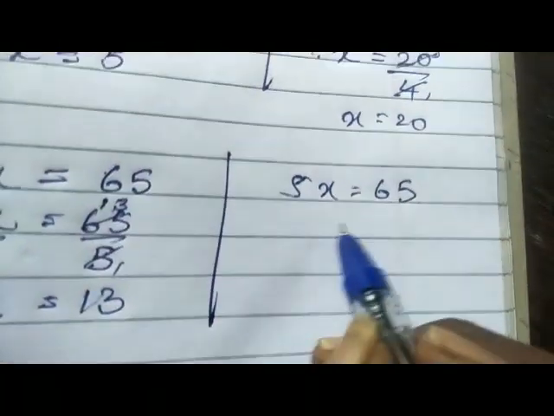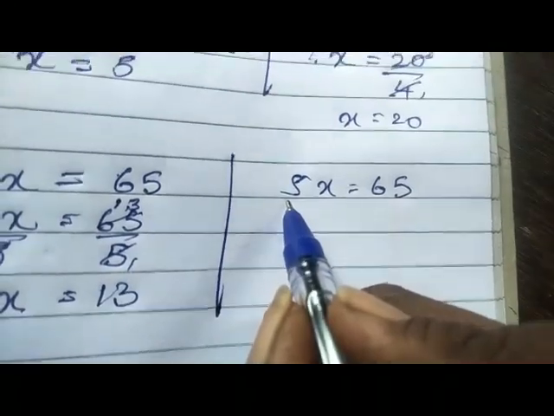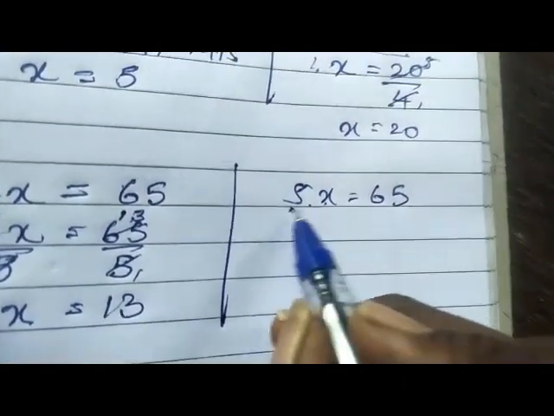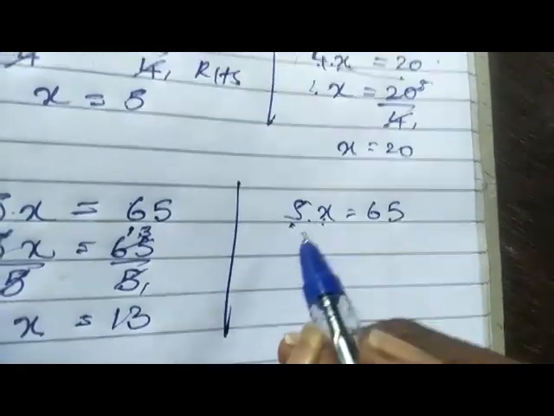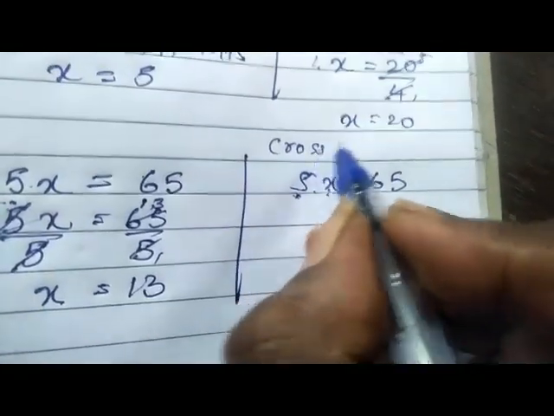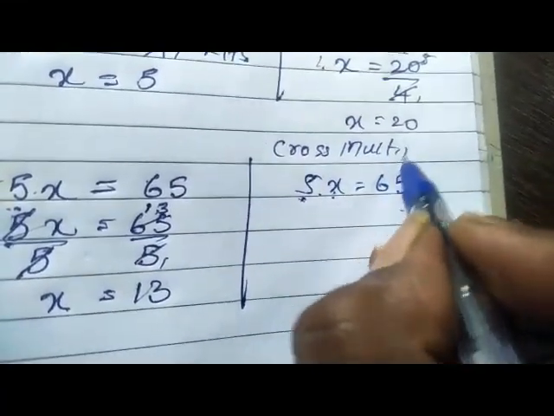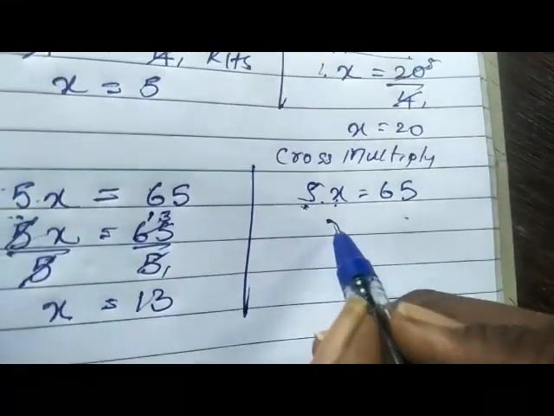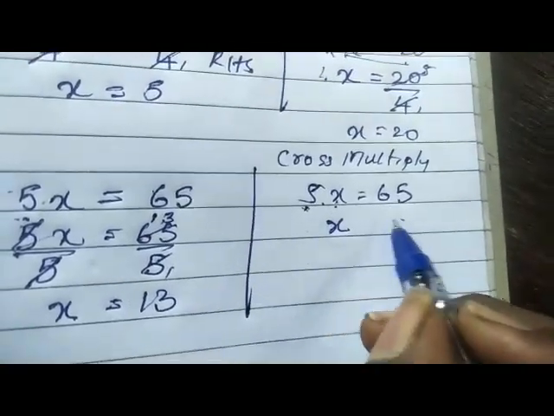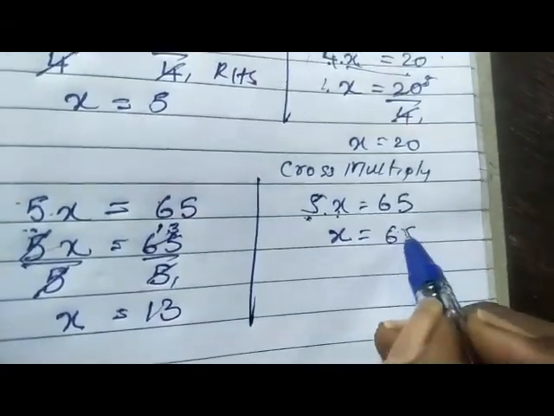5x is equal to 65. So we want to remove this 5. That is 5 multiplied by x. If multiplication is there, we want to do division. Cross multiply, we call this the cross multiply method, right? X is equal, don't write 5 here again, because this 5 you are transferring down.